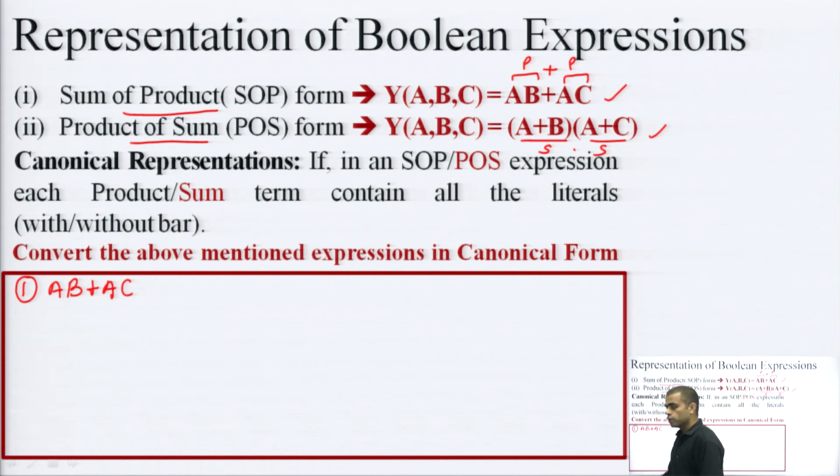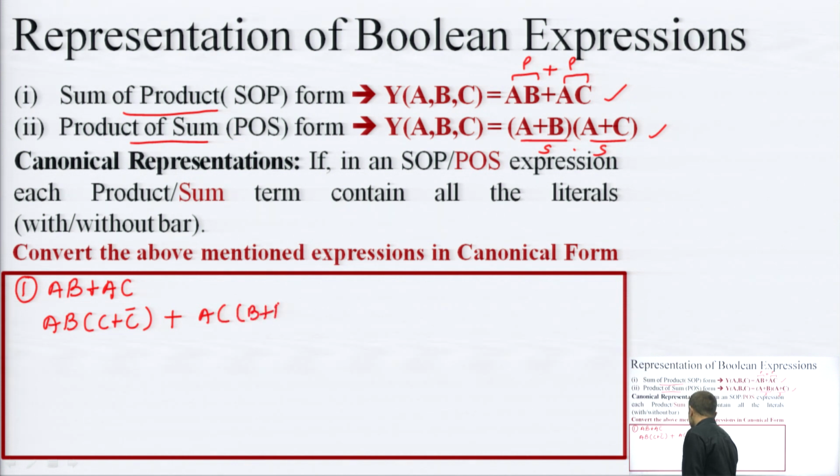In this first product, variable C is missing. So, I will multiply A B into C plus C bar. Similarly, in the second product B is missing. So, A C into B plus B bar. If I multiply this, I will get A B C and A B C bar.